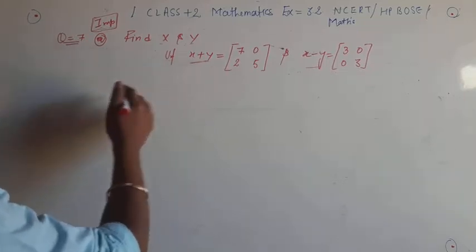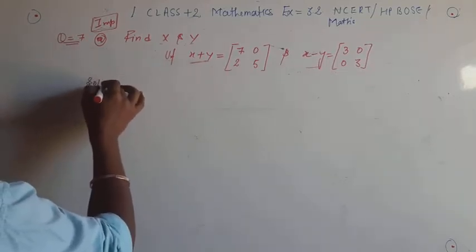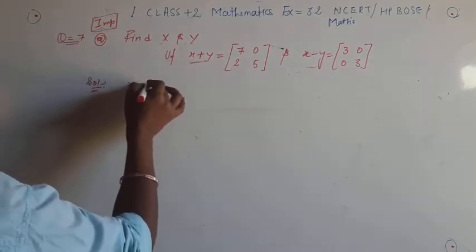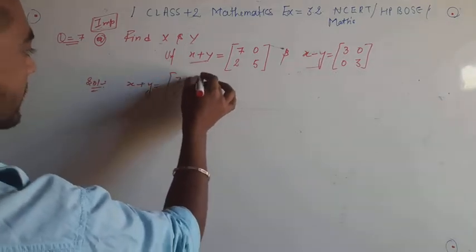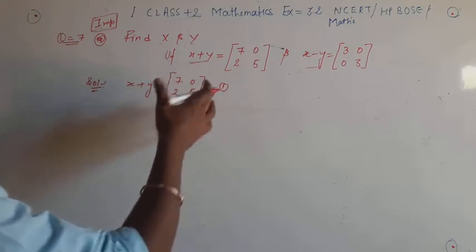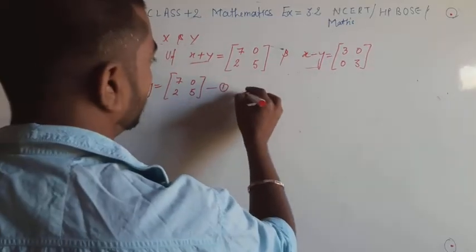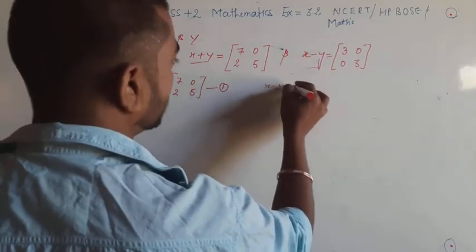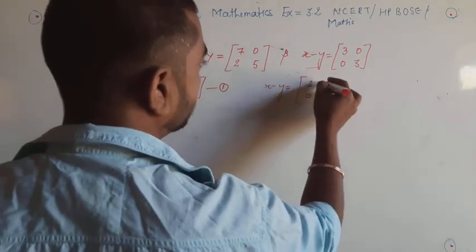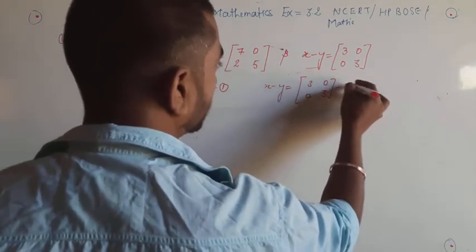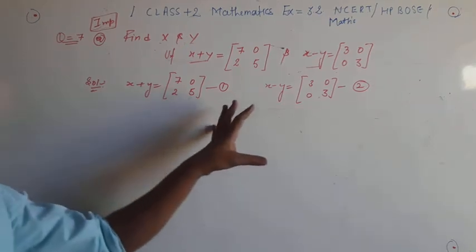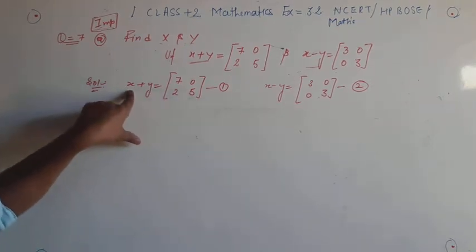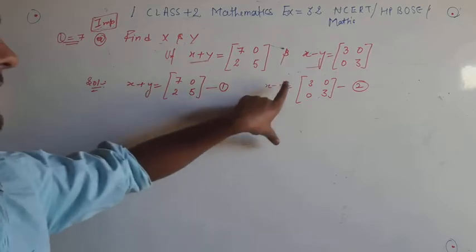So first we consider that x plus y equal to 7025 is equation number 1, and x minus y equal to 3003 as equation number 2. What we have to do here? Just see, x plus y and here is x minus y.